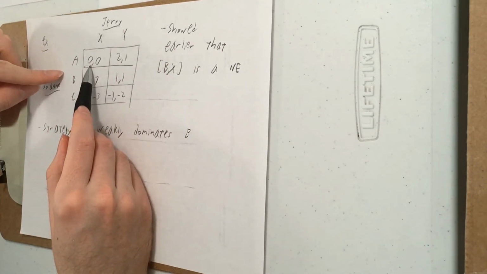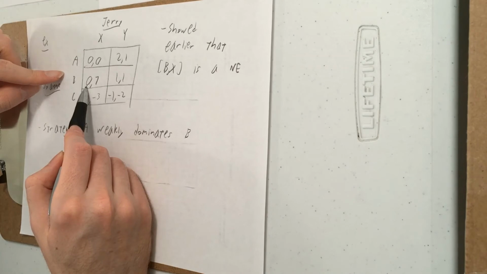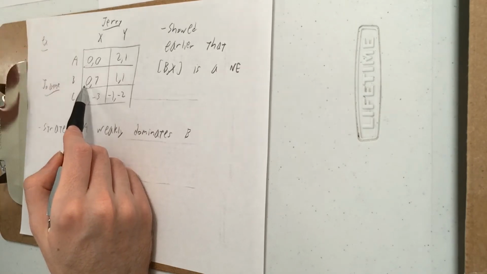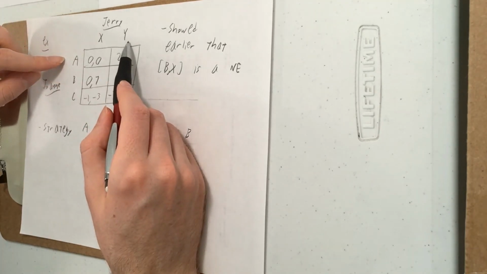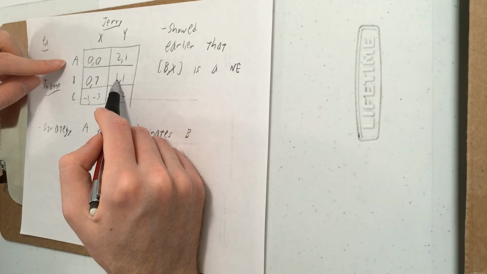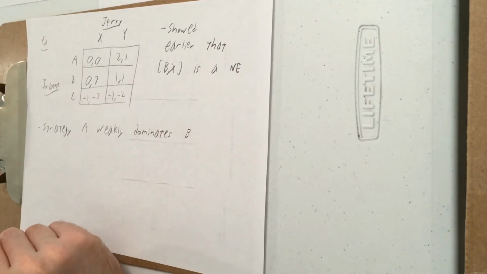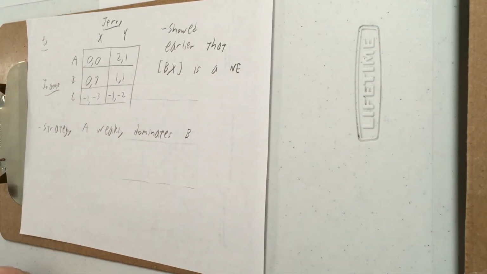Joanne can get 0 by playing A or 0 by playing B. Doesn't matter, they're the same. So A and B are equal if Jerry's picking X. If Jerry plays Y, though, A is better than B. So A is always at least as good, if not better, than B. So A weakly dominates B.